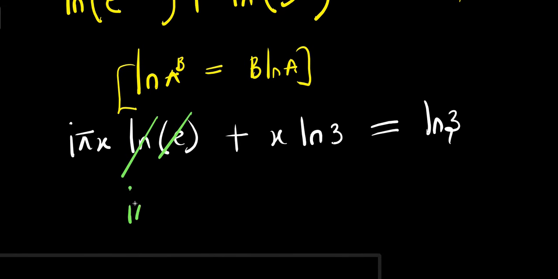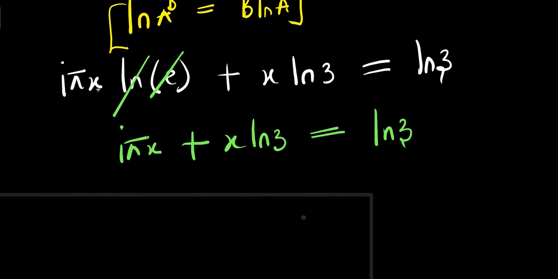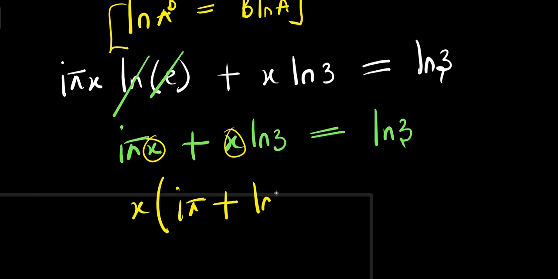So we have i pi x plus x times natural log of 3 equals natural log of 3. So from here, there is x here, there is x here. I can factor that out: x times (i pi plus natural log of 3) equals natural log of 3.